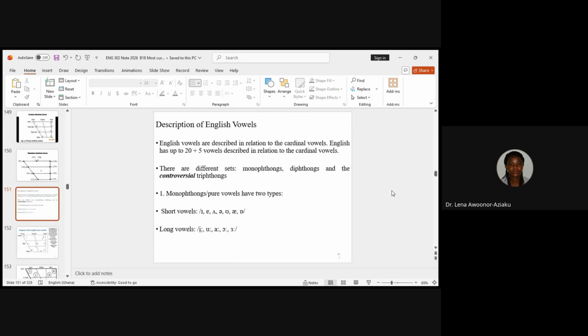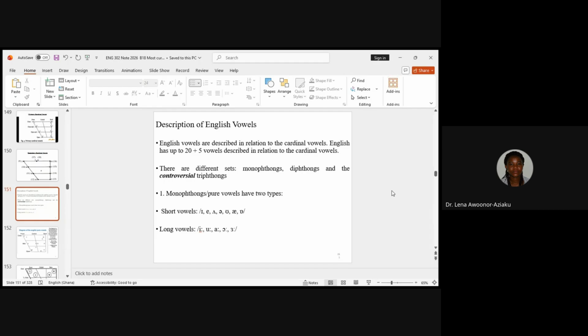So now English is able to describe their vowels in relation to cardinal vowels and come out with certain vowels and label them. It is because of the measurement. They are able to label vowels and have 20 vowels in English.